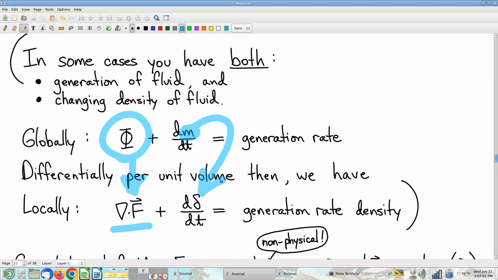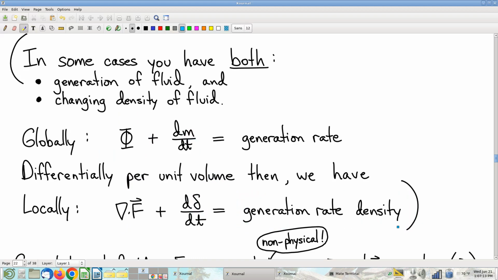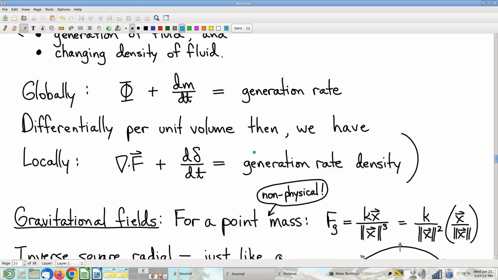Mass per unit volume is density, and then if you have some indication of how and where the fluid is being generated, then you can use divergence to understand how densities are changing. So, anyway, I wish we had more time for that. Well, we don't. Don't worry about it.